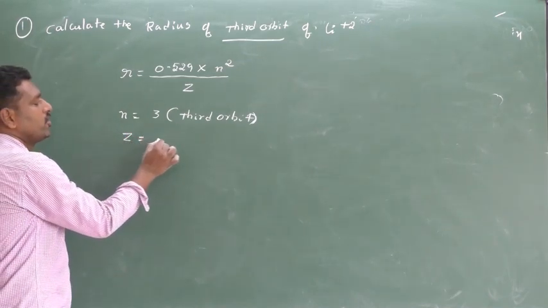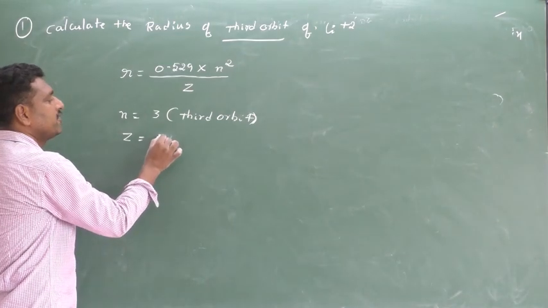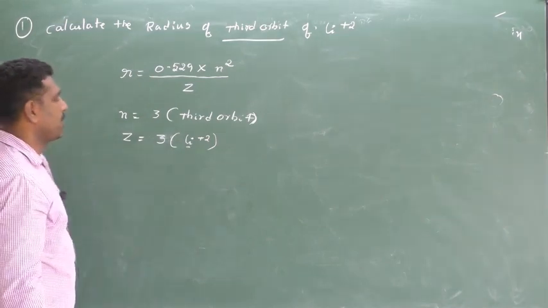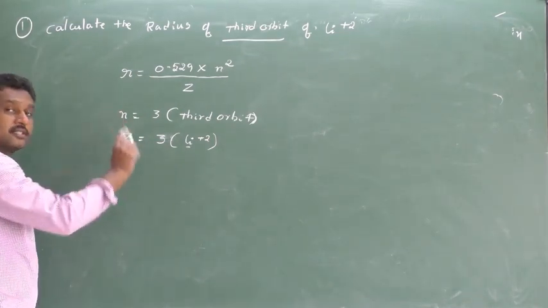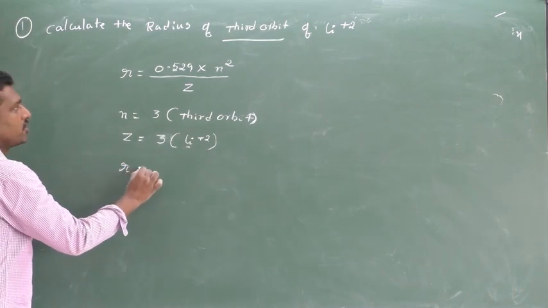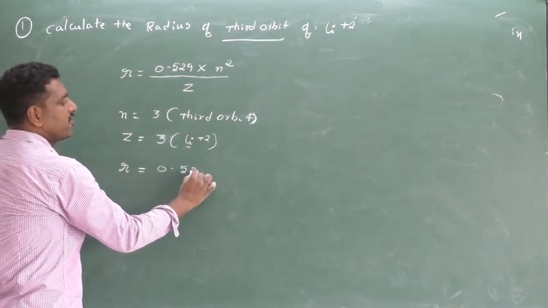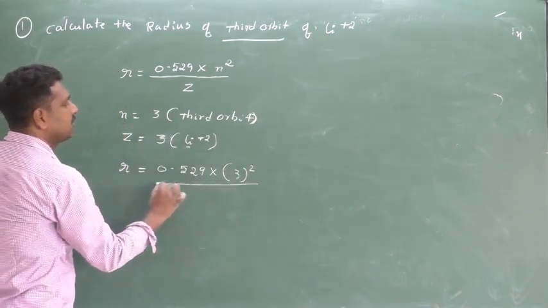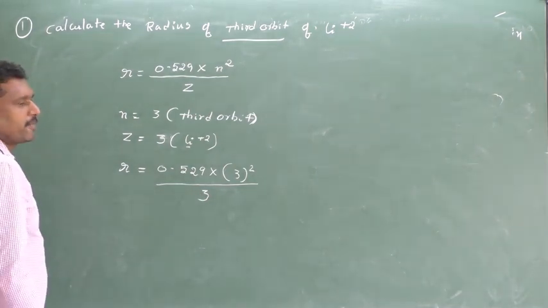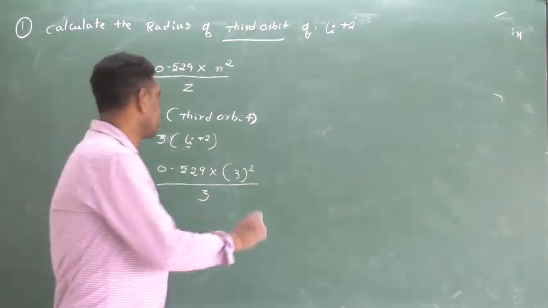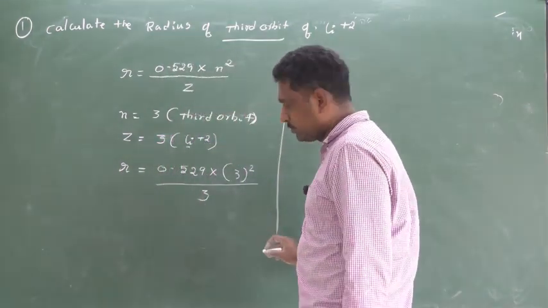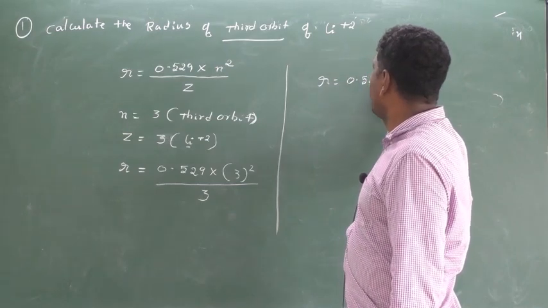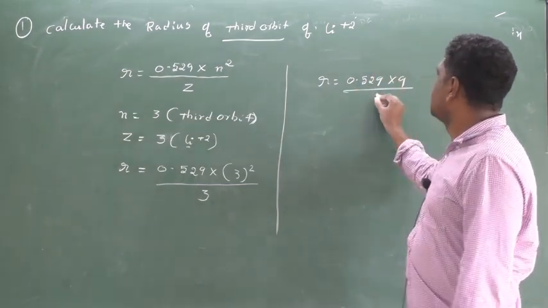Now Z value for lithium. For lithium, Z value equal to 3, Li plus 2. The atomic number of lithium is 3. Therefore, on substituting these values, r equal to 0.529 into n value 3 square by 3. So r equal to 0.529 into 9 by 3.